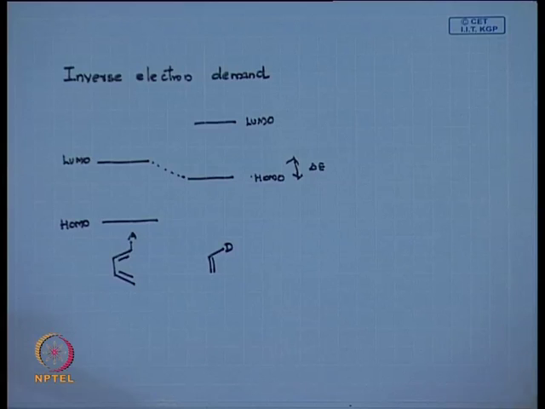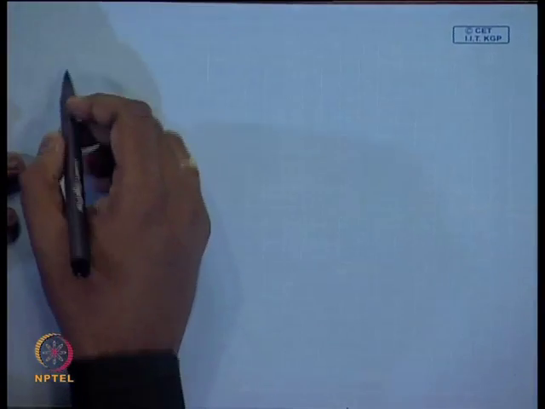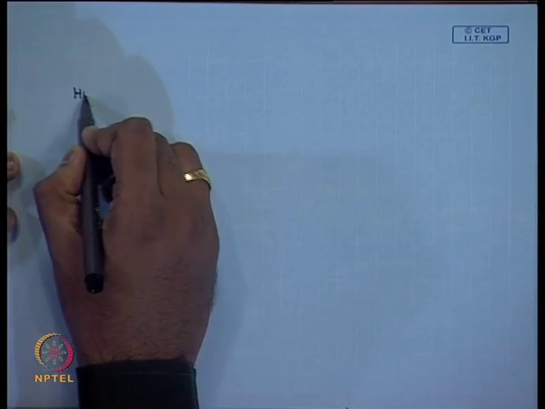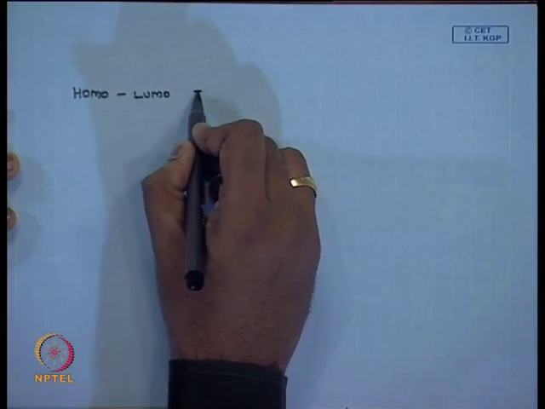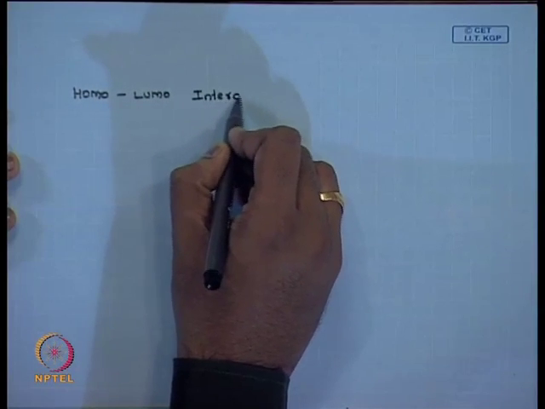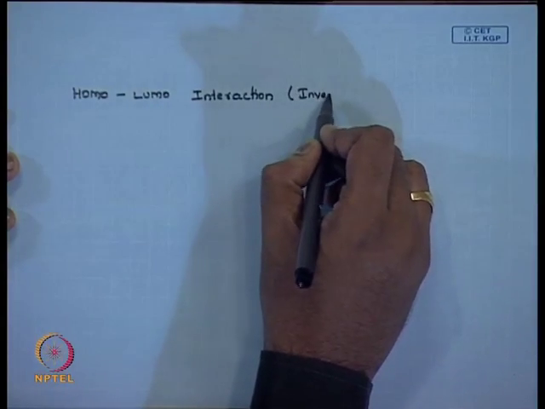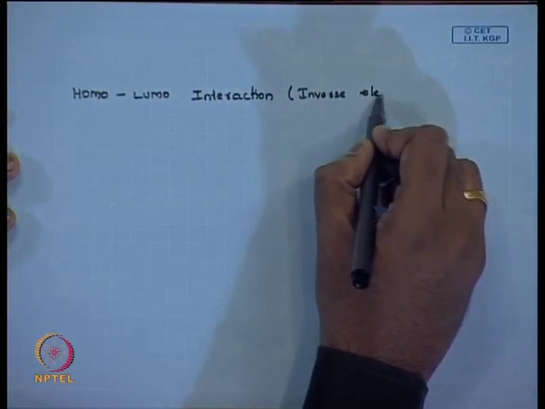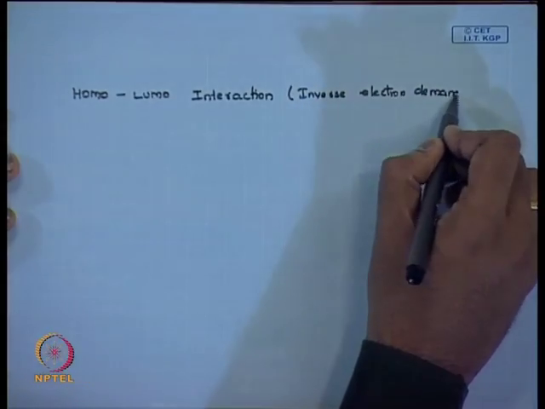Now, we will see whether it is orbitally allowed, because that we should keep in mind. So, if you do again the HOMO LUMO interaction for inverse electron demand, or you can call it photochemical also. Fine, right now we will call it inverse electron demand.